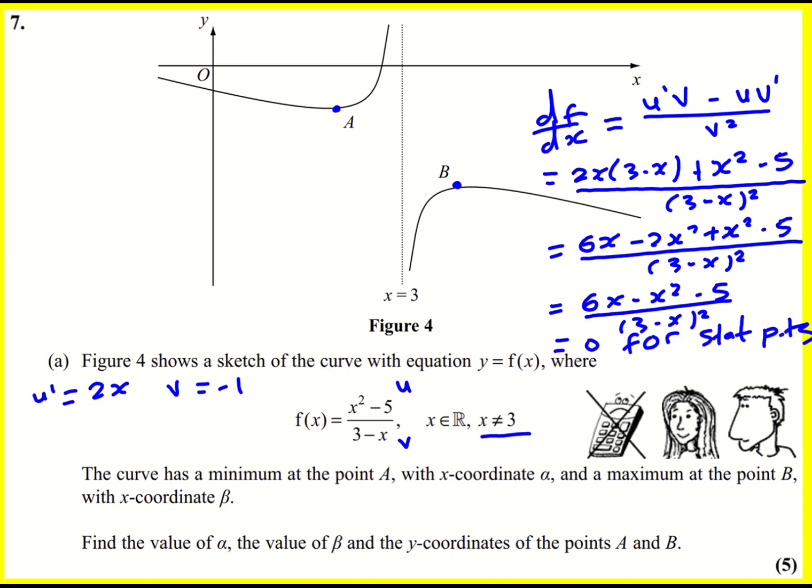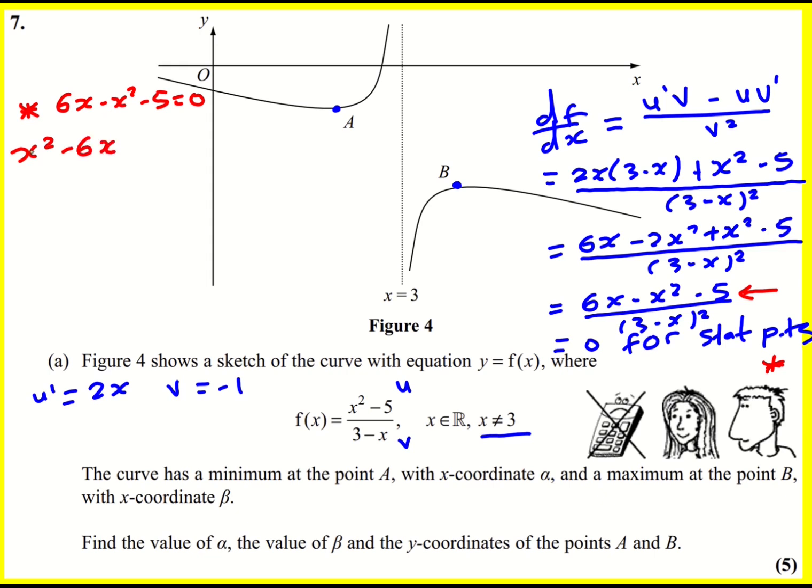So the only way that this could ever equal 0 is if the top is equal to 0. The bottom, we can't divide by anything to make it equal to 0. So I'm going to move over here. It must be, therefore, that 6x minus x squared minus 5 is equal to 0. And I can rearrange that to make it x squared minus 6x plus 5.